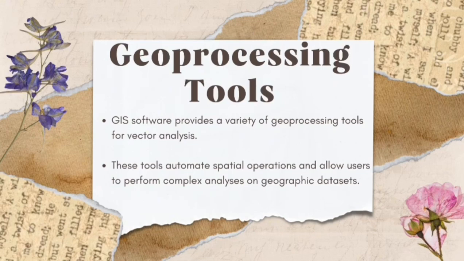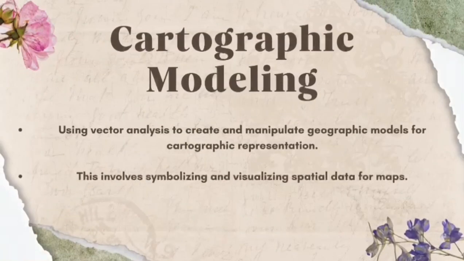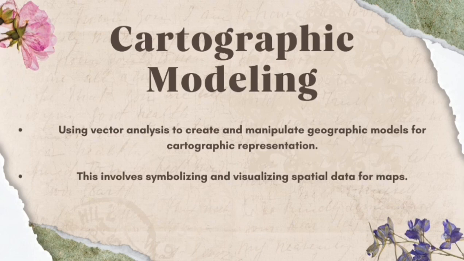These tools automate spatial operations and allow users to perform complex analysis on geographic datasets. For cartographic modeling, it uses vector analysis to create and manipulate geographic models for cartographic representation. This involves symbolizing and visualizing spatial data in our maps.